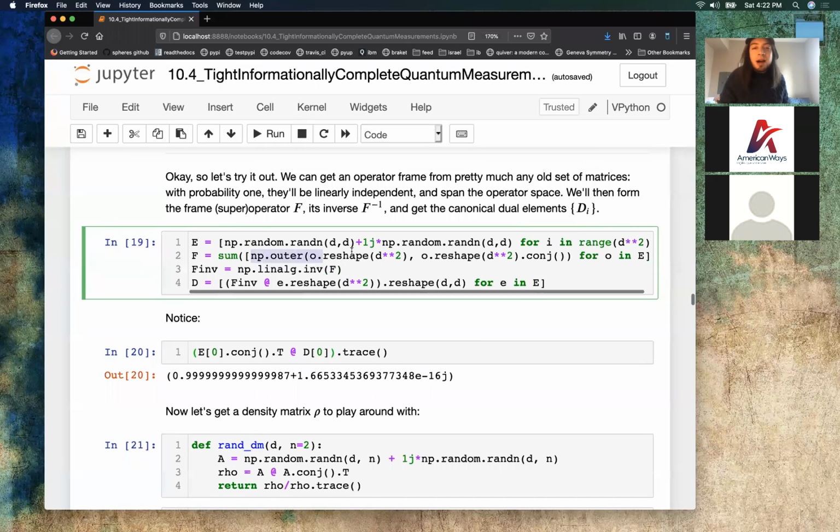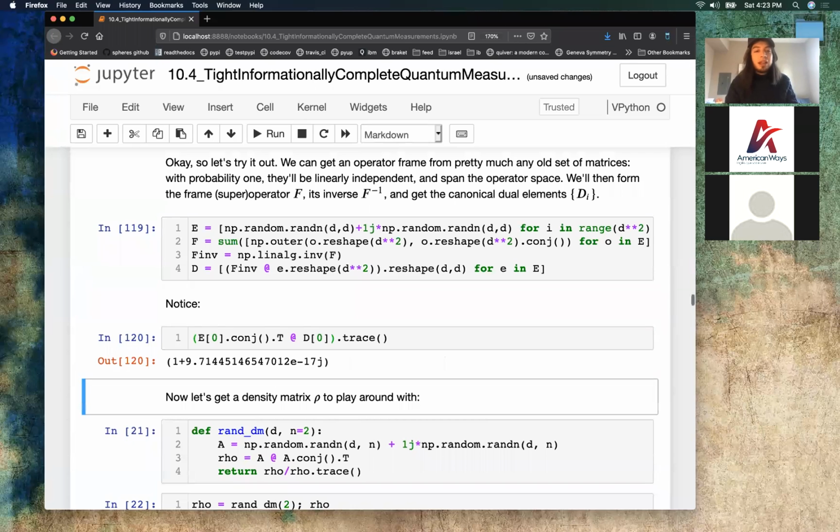We form the frame operator, which, recall, is where we vectorize each of the elements, take the outer products with themselves and add them up. We get F inverse, which is the inverse of that matrix. And then we get the dual frame by acting with F inverse on the vectorized elements, which gives us a vectorized version of the dual, and then we reshape it back into a matrix.